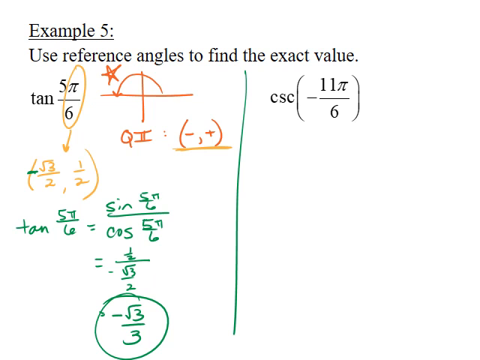Okay, this one. So again, this is a multiple of pi over 6. So my reference angle is pi over 6. And the corresponding ordered pair is written there. Now we need to figure out which quadrant this is in.